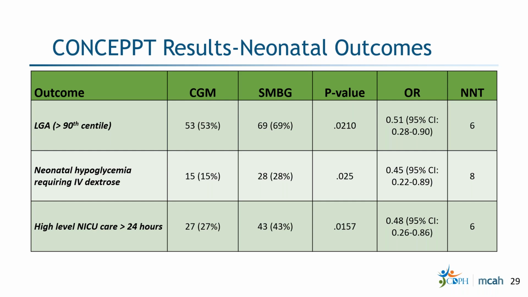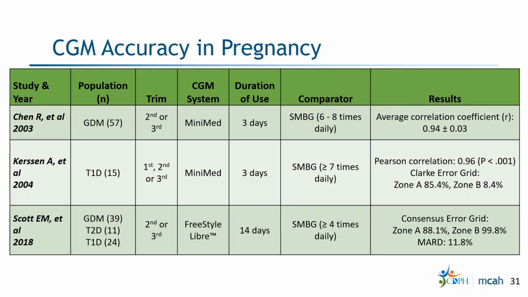And then neonatal hypoglycemia that required IV dextrose, 15% versus 28%, also a huge improvement, and number needed to treat 8 for that. And then high level NICU care over 24 hours was 27% versus 43%. Also statistically significant, and also number needed to treat only 6. So really robust outcomes were seen from this trial.